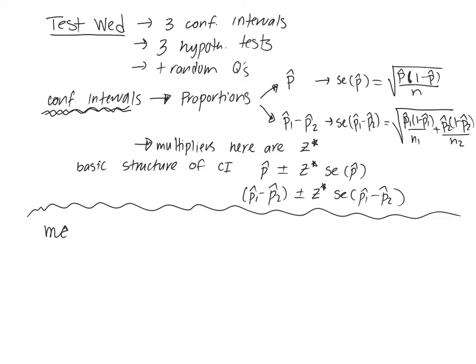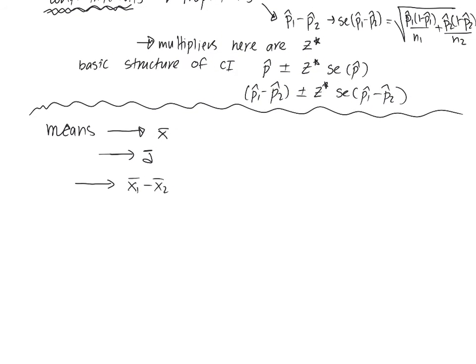How about means? There we had three cases. What's the most basic case? Single X bar. And then there's also D bar, which is basically like X bar. And then the final one is X1 bar minus X2 bar.